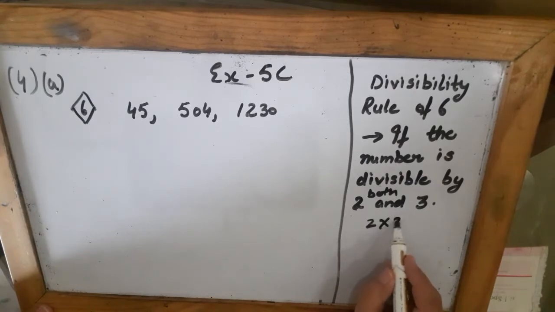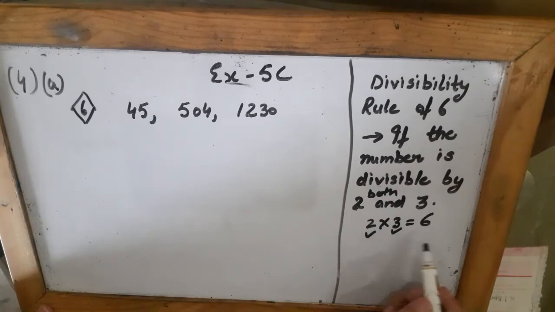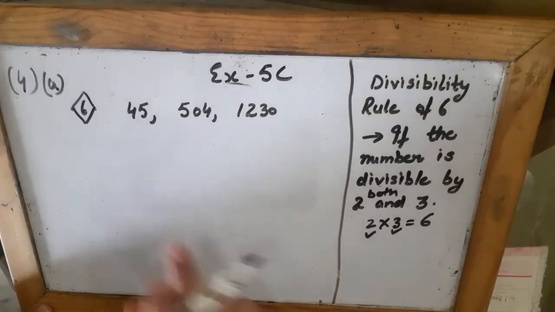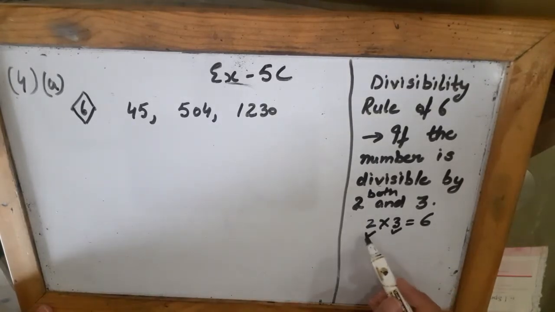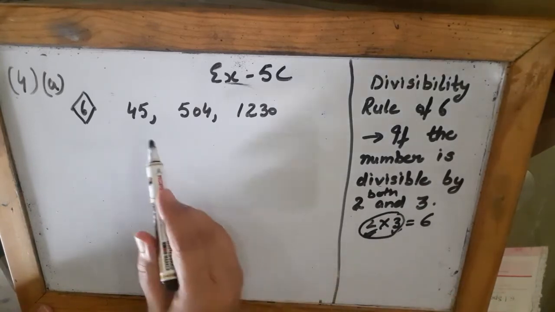If I multiply 2 and 3, it is 6. Yes, so these are the prime factors of 6. 2 and 3 are the prime factors of 6. So in order to see whether the number is divisible by 6 or not, I will check whether the number is divisible by 2 and 3 both, then the number will be divisible by 6 also.